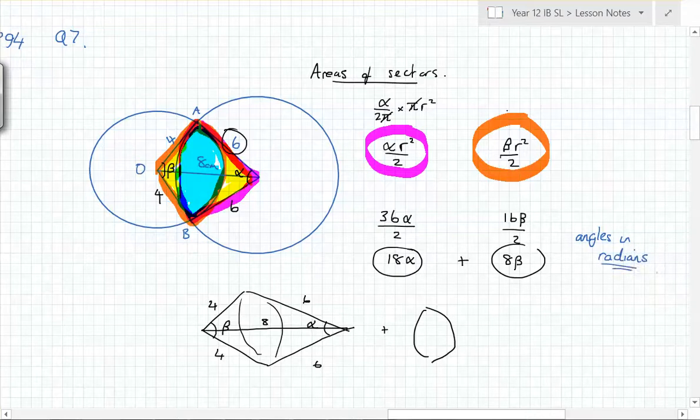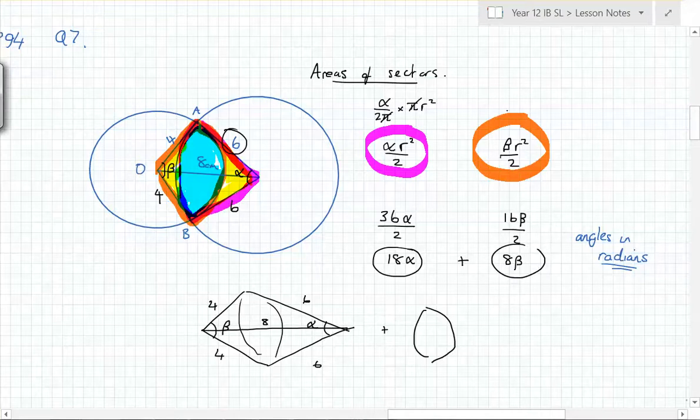If you go about crossing out pi's, that's because the angles are measured in radians. If you start putting angles in degrees in that now, it's not going to work. So we know 18 alpha plus 8 beta is the area of the two.